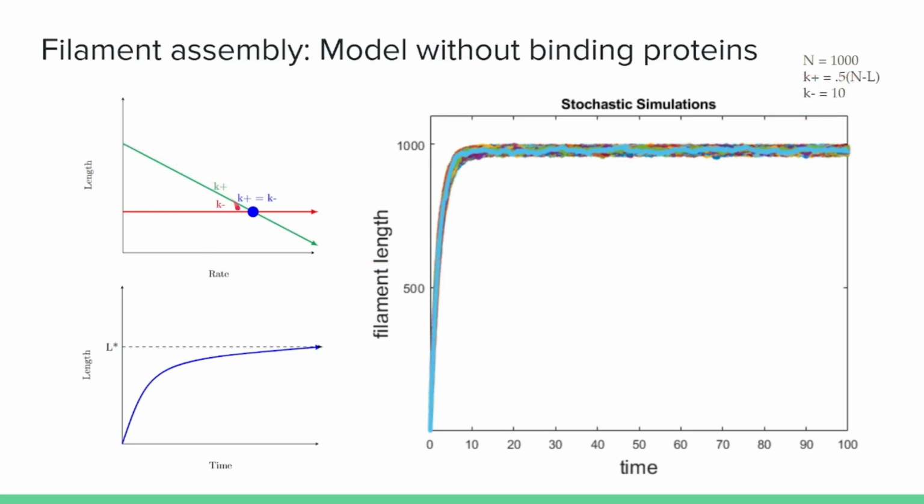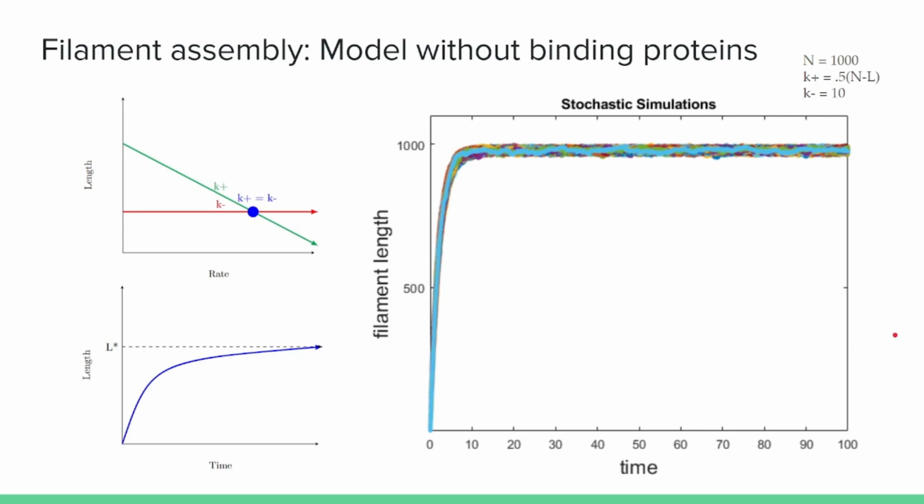And once they reach a point where the growth and decay rate are the same, the length will start tapering off at a length L prime, which is the length at which a filament will have equal growth and decay rates.